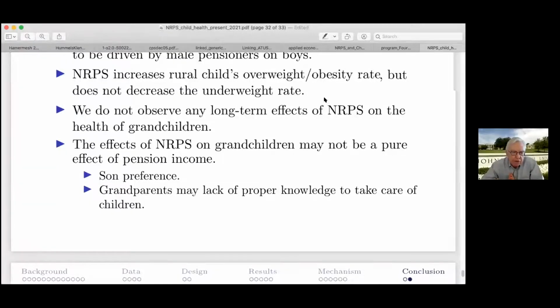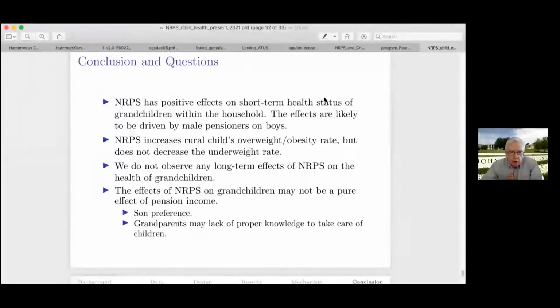They must all have the same preferences. So doesn't that suggest that it's just a general income effect, that the household has more income, the grandparents have more income, the mother has more income, the father has more income, and they're all agreeing on their preferences for food for the children?